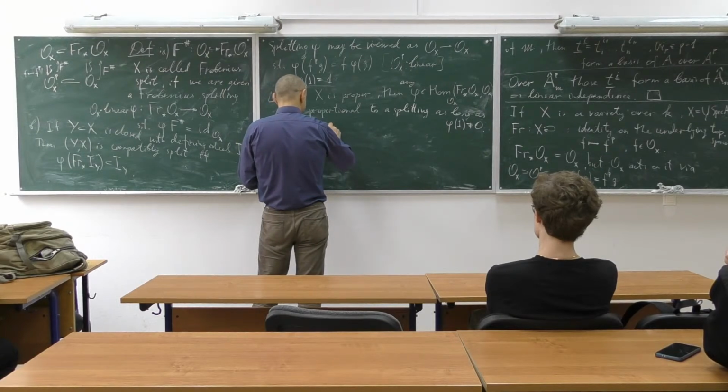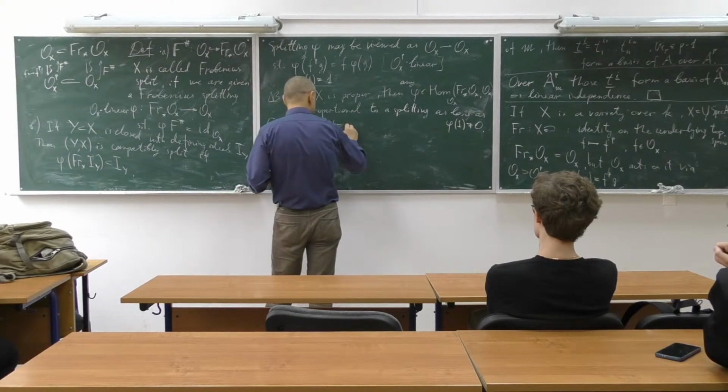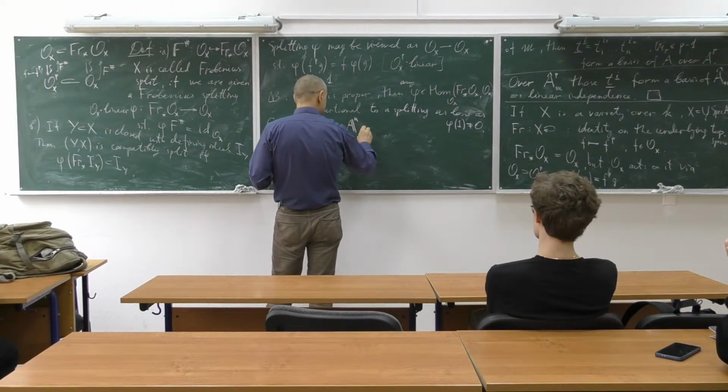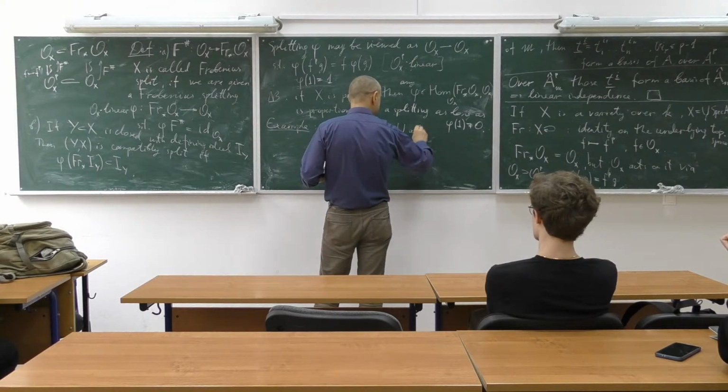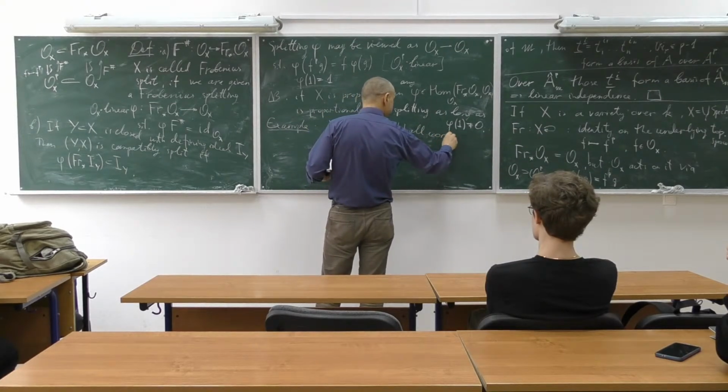So we have the affine space, and Y is the union of all coordinate hyperplanes.